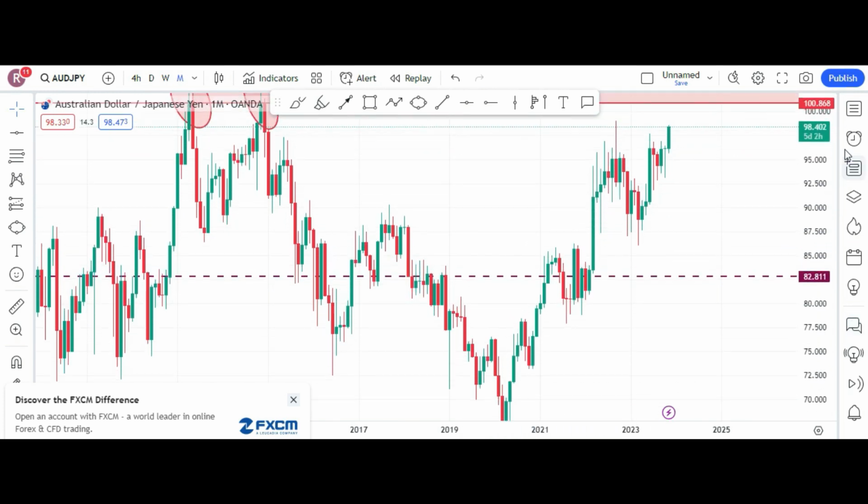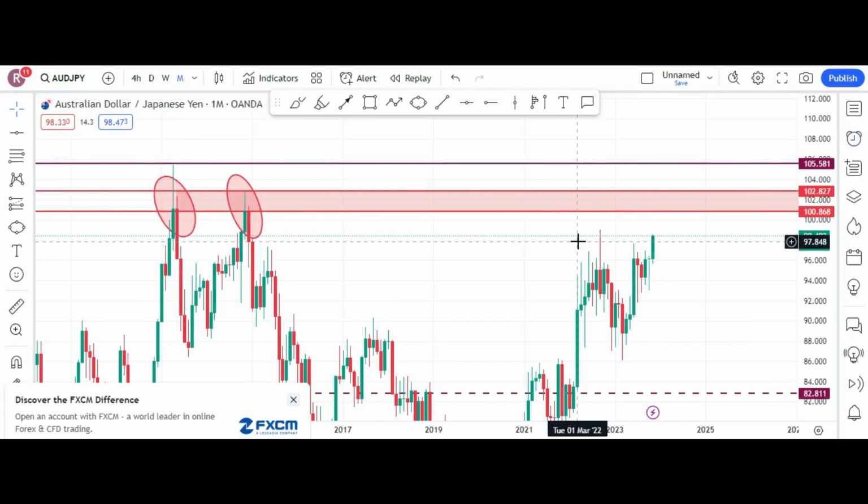Now do we have any double top here in monthly time frame when this came in? You can see that we have double top. Can you guys see? If we consider this green and this red, again if you consider this green and red, we have a double top from here.